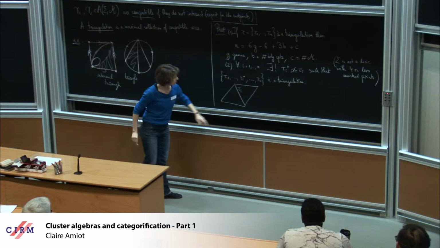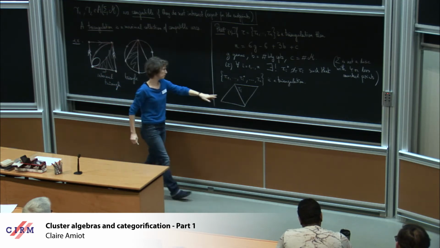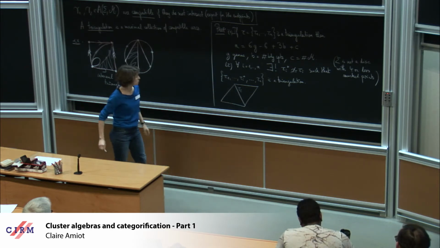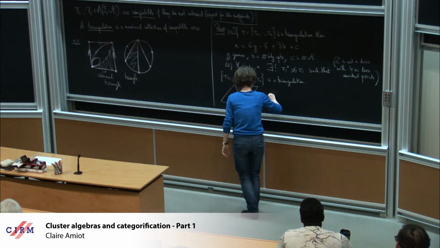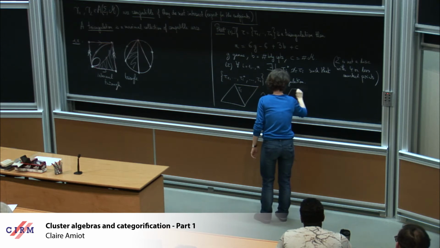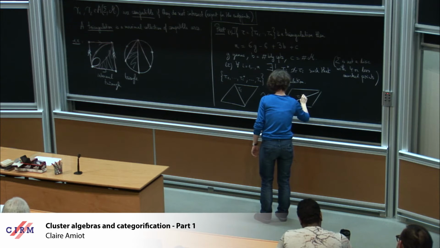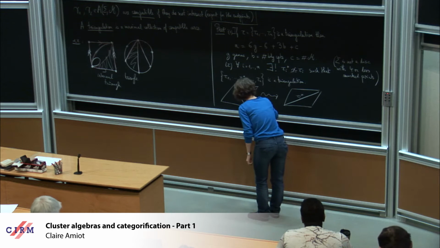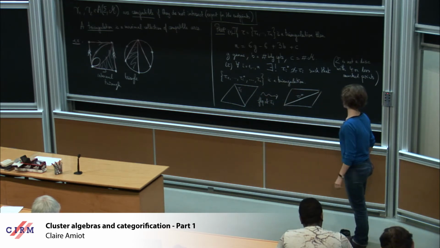This is the arc tau i, and these are the two triangles that could be the same triangle, but you have these two triangles. And this is tau i star, and this is a flip at tau i of the triangulation.